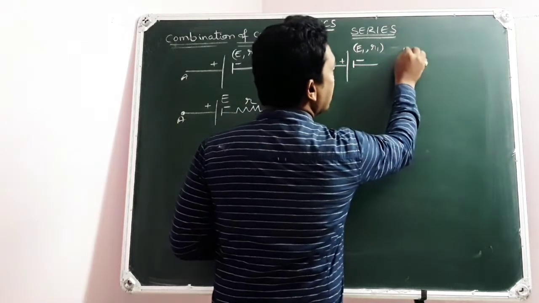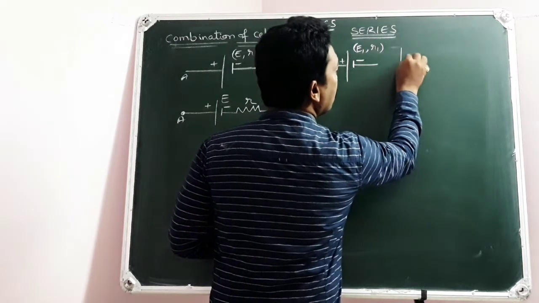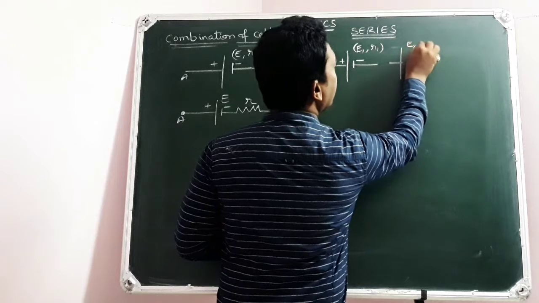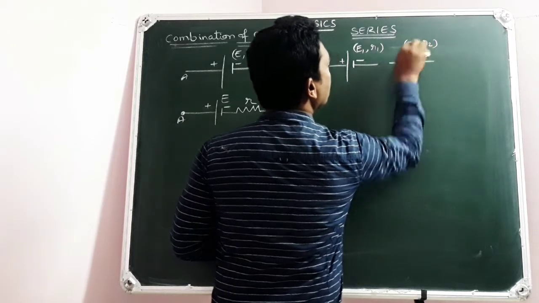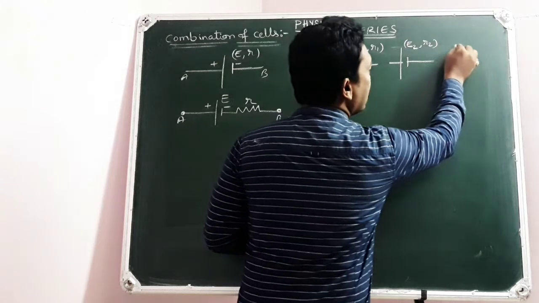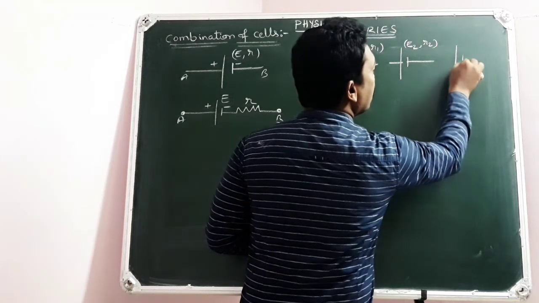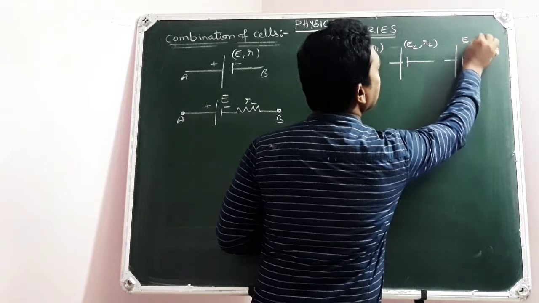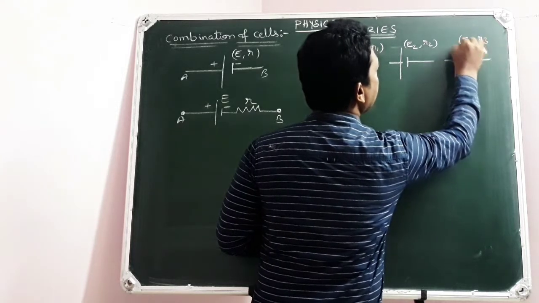Now here there is another cell whose EMF is E2 and the internal resistance r2. You have an idea of the common notation. Here there is another cell whose EMF is E3 and the internal resistance is r3.